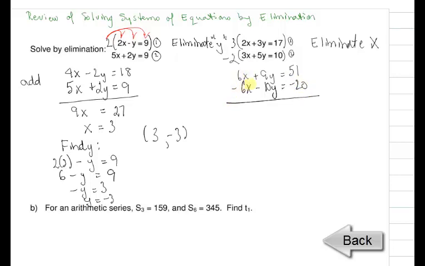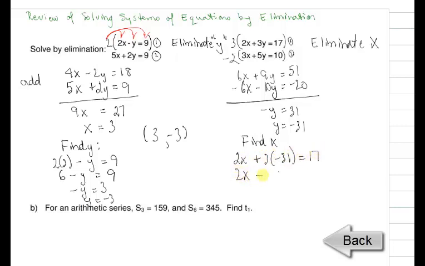And 6x minus 6x is 0. 9y minus 10y is negative y. 51 minus 20 is 31. And so y equals negative 31. Find x. I'm going to substitute back into the first equation. So 2x plus 3 times negative 31 equals 17.